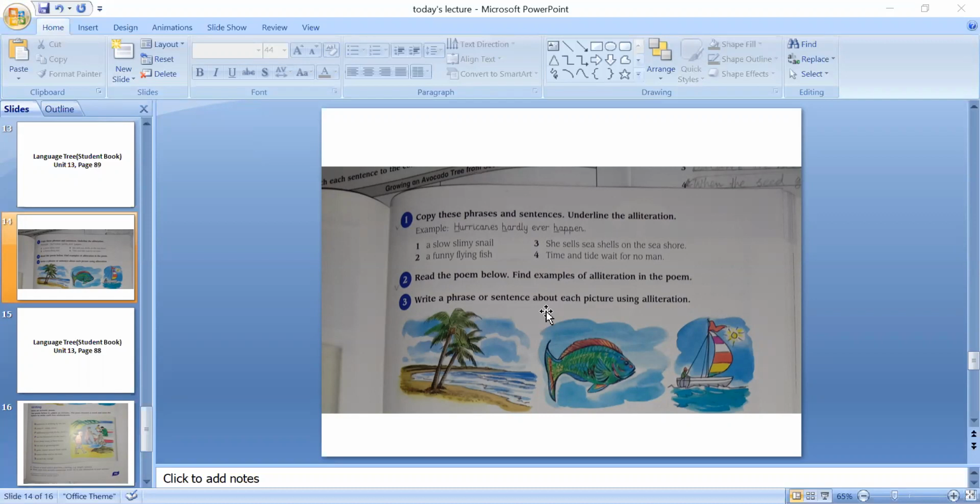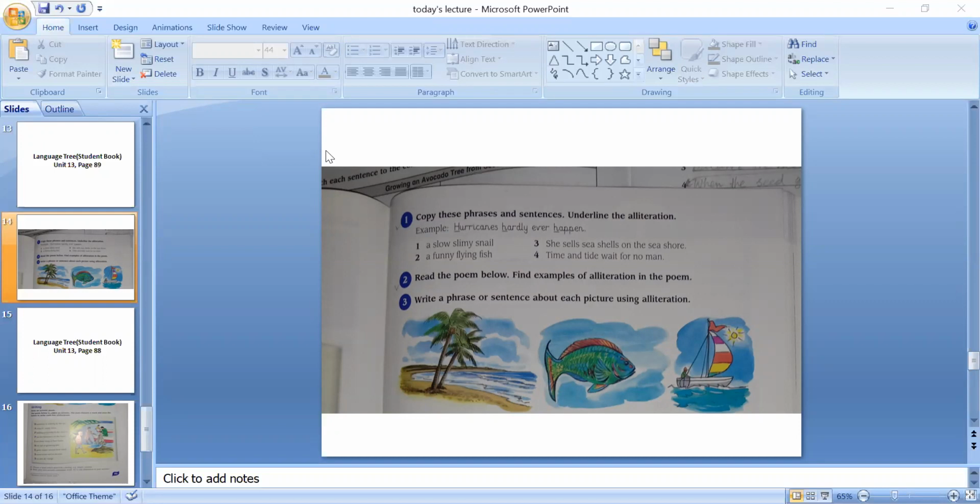Okay, Marriage, I'm going to ask you. Question number 1. A slow, slimy snake in the... slow S and slimy S and snail S. Okay, sir, only these letters you have to underline.